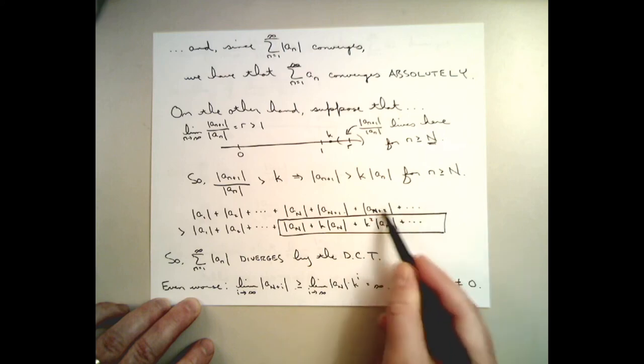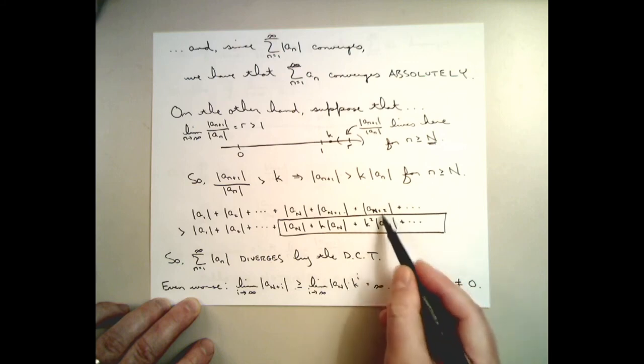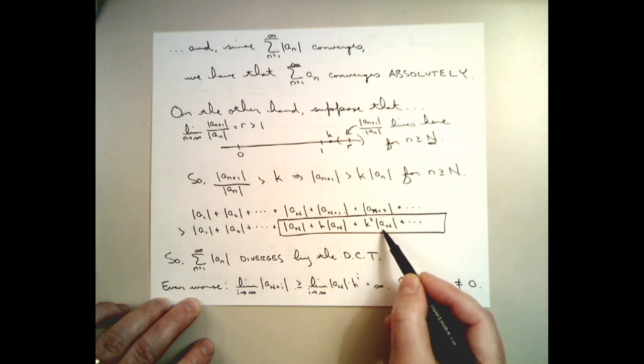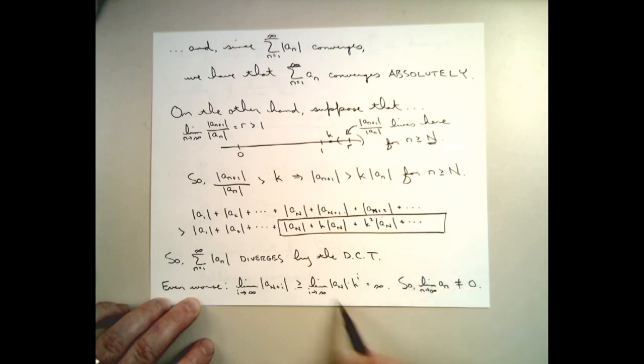For n plus 2, k to the second. So this term is bigger than a sub n times k squared. One after that is going to be bigger than a sub n times k cubed, and so on. That is going to run to infinity.